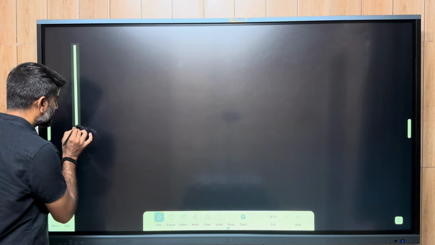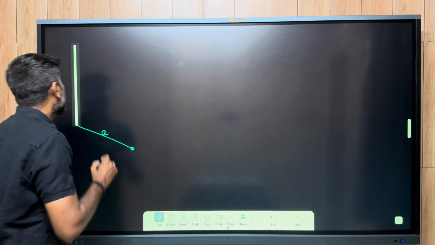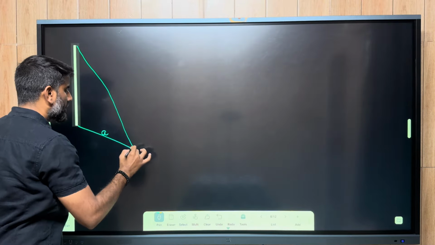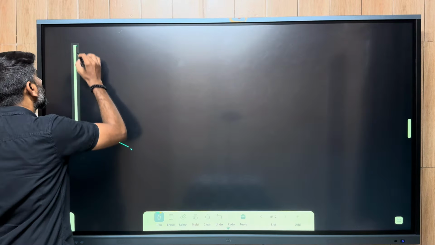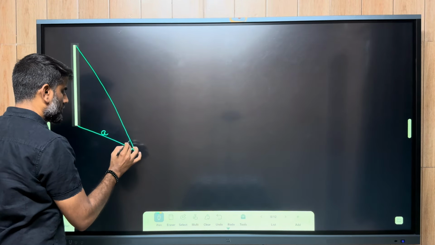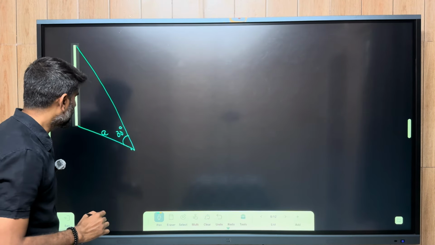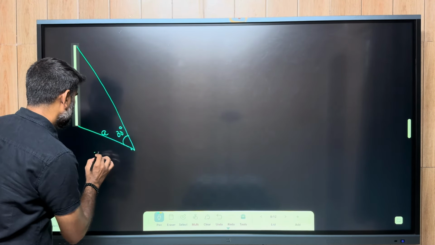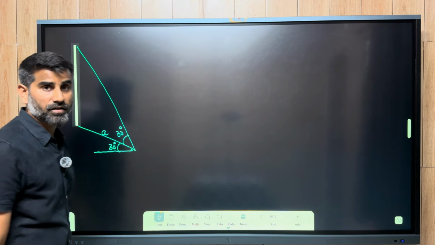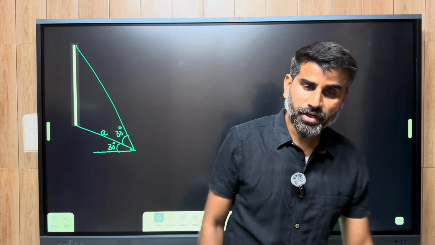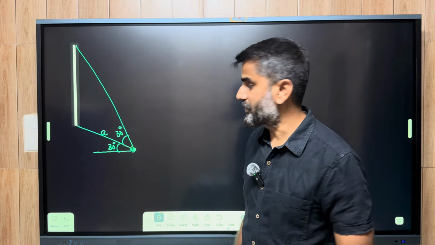I have taken a point somewhere here, at a distance A. Now one end of the rod is making an angle of 30 degrees, and we have this angle 30 degrees again. Now I ask you to find the net electric field at point P, the perpendicular and parallel electric fields.